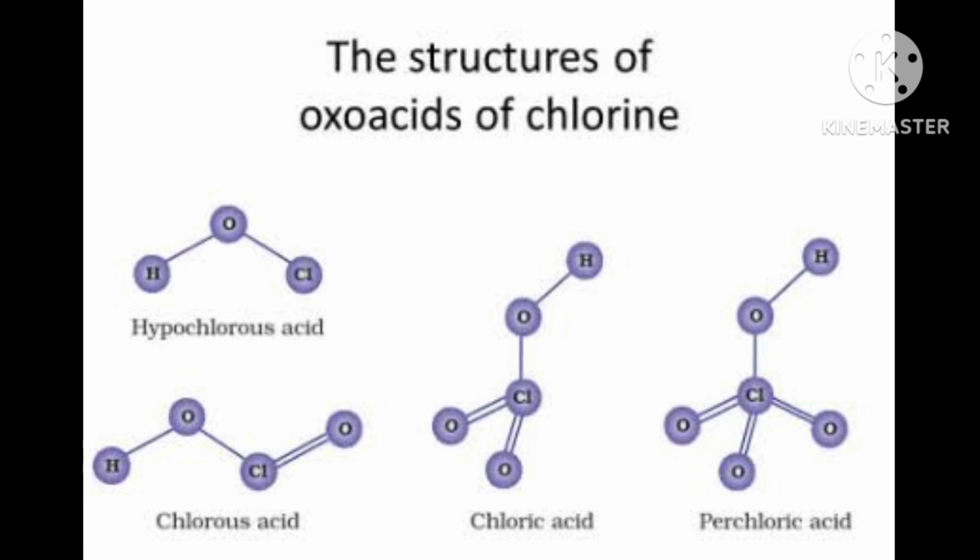It is just like a reverse V. Shape is O in the middle, H down left and Cl down right. O and H single bond, O and Cl single bond. Total 3 atoms, HOCl. This is called hypochlorous acid.